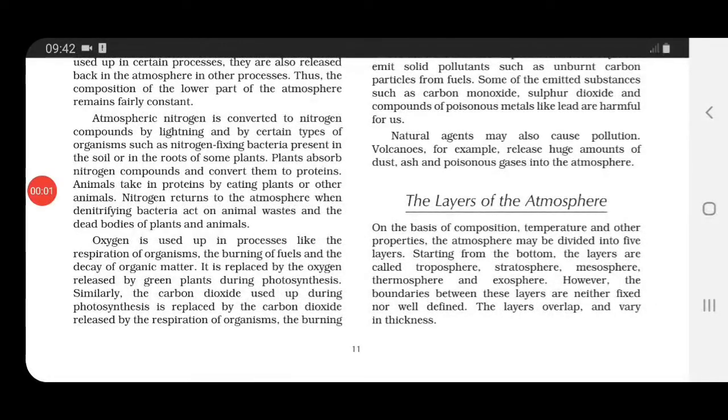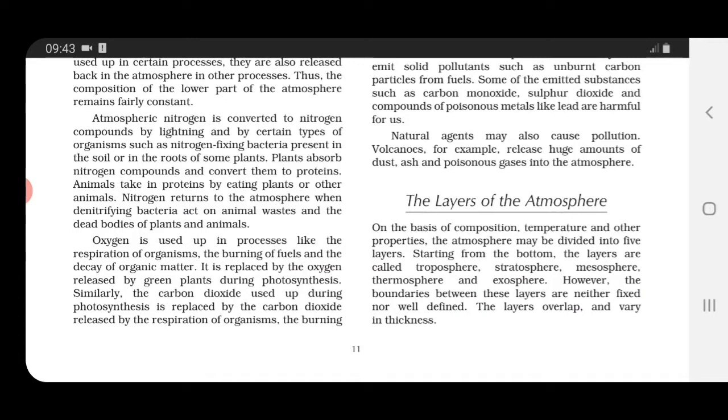Now they have given you another example of another gas, that is oxygen. Now where is oxygen used up, children? It is used up in which processes? In processes like respiration of organisms, then burning of fuels, decay of organic matter, right?